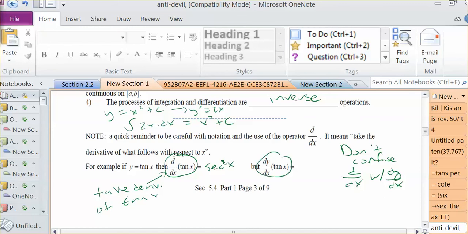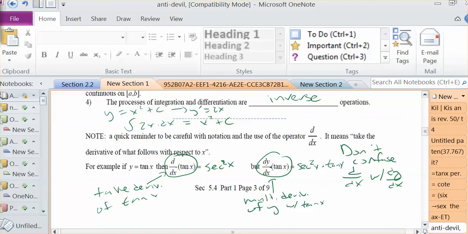But the second has a multiplication in between, meaning to multiply the derivative of y with tan x. So in that case, it's secant squared x times tan x.